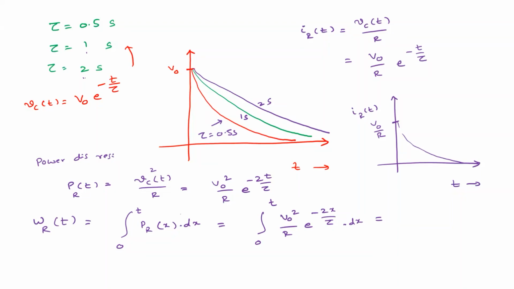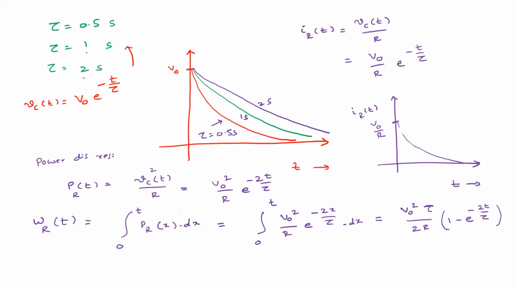Sir, V naught square tau upon 2R, into 1 minus e to the power of minus 2t by tau. This is tau, right?